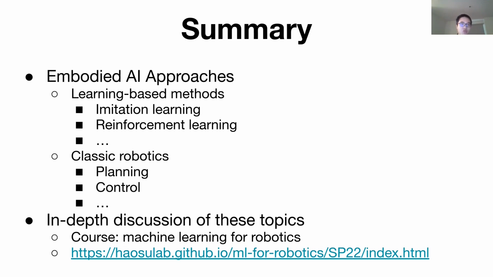Next, in classical robotics, we have introduced motion planning, which moves the robot between configurations, and control, including PD controllers and its variants. A good resource for learning more on these topics is the course Machine Learning for Robotics by Professor Hao Su at UCSD. And here's a link.